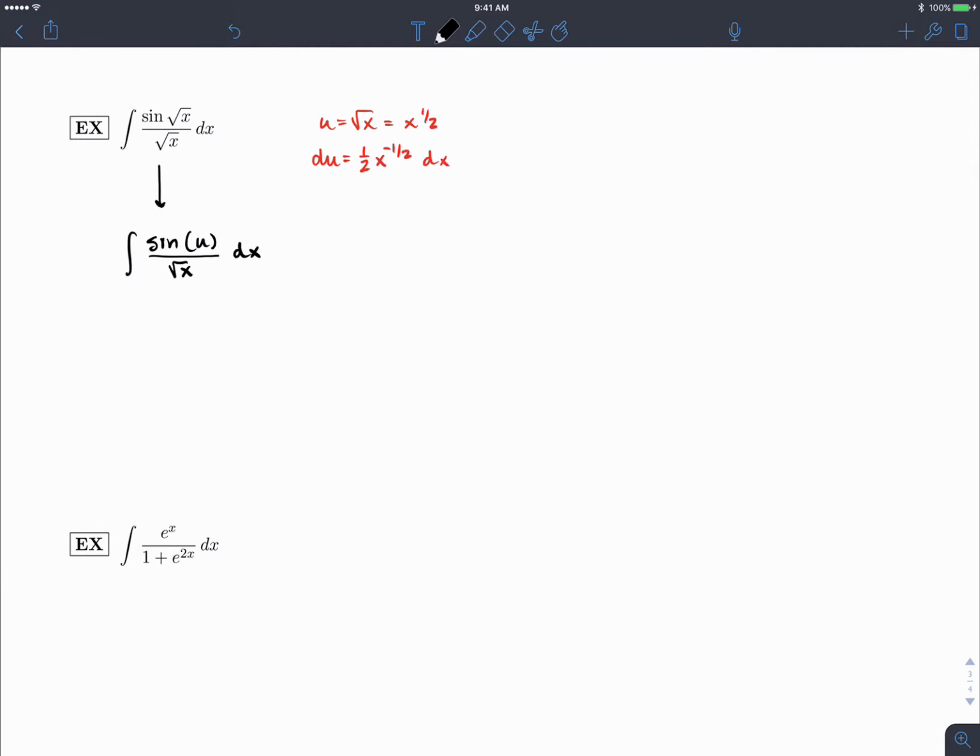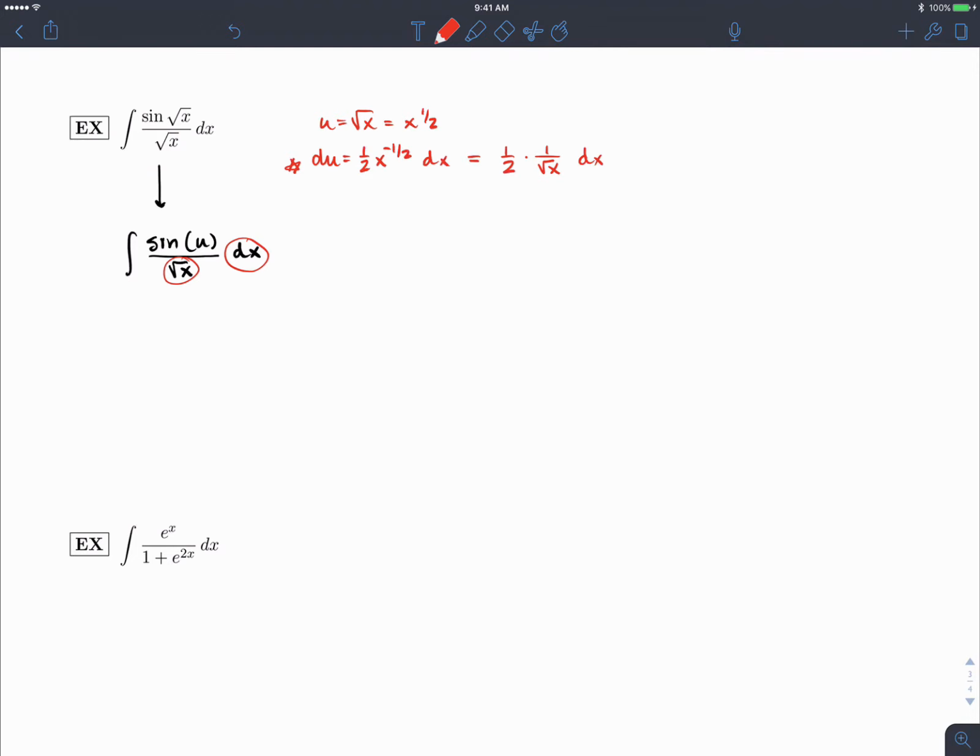So is there a way for us to take this du statement and get rid of the remaining traces of x that we have in this integral? Well, let's explore what this statement is. So we've got 1/2. Now x to the power of negative 1/2 is the same as 1 over the square root of x dx.